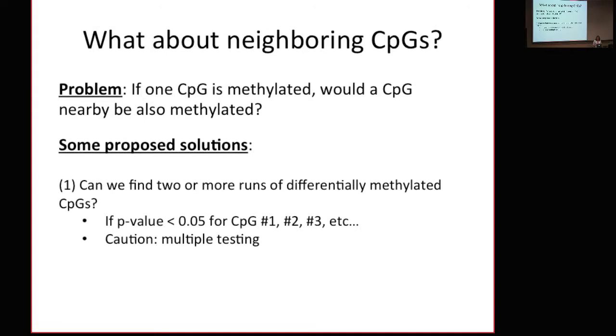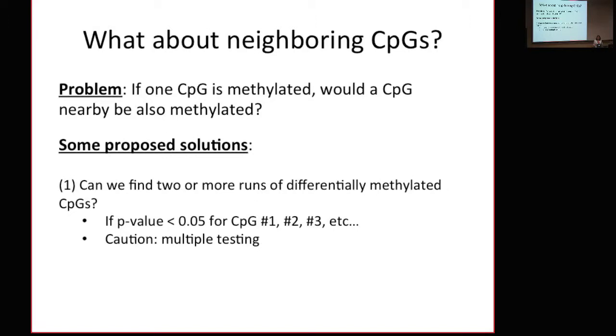The first is, can you find 2 or more runs of differentially methylated CpGs? If I perform this test site by site, a t-test, for example, and I find the CpGs that are differentially methylated at a p-value less than 0.05.